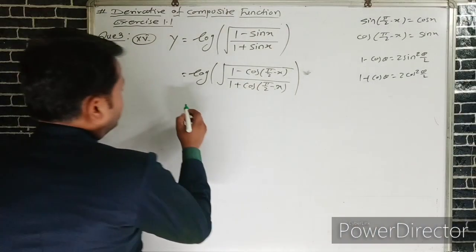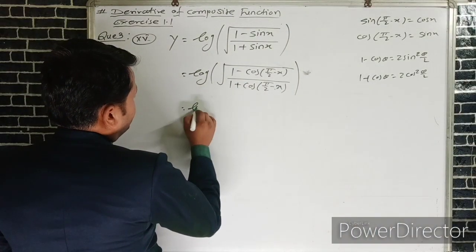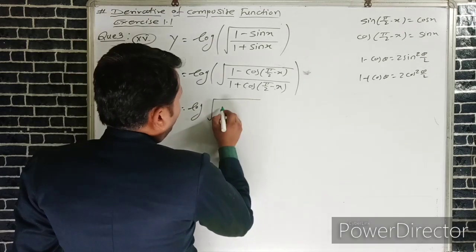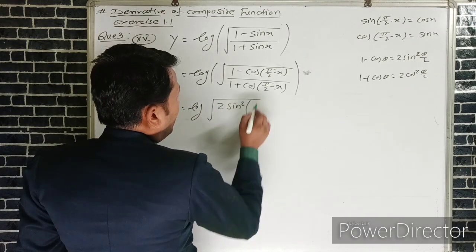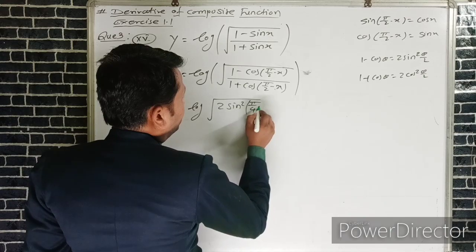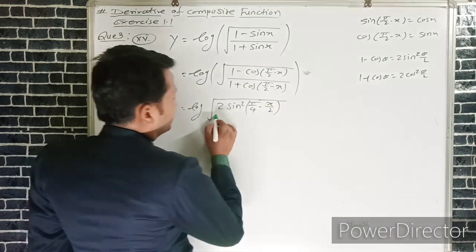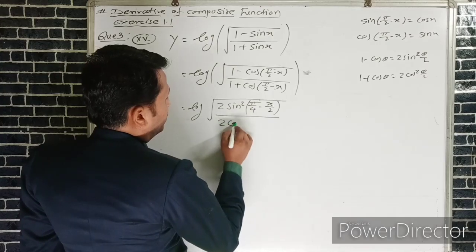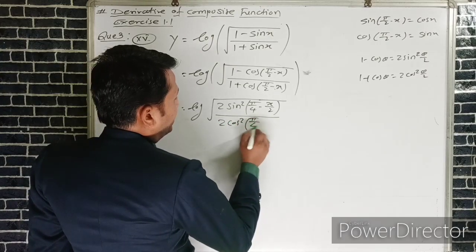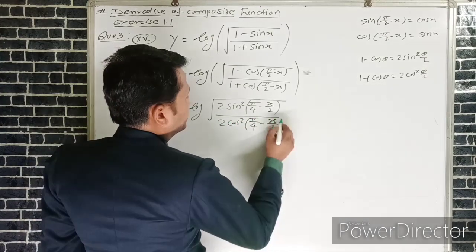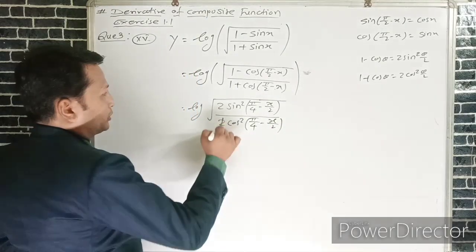1 minus cos of pi by 2 minus x is 2 sin square. Half of pi by 2 is pi by 4 and half of x is x by 2, upon 2 cos square. Half of pi by 2 is pi by 4 and half of x is x by 2. Here again 2 cancels.